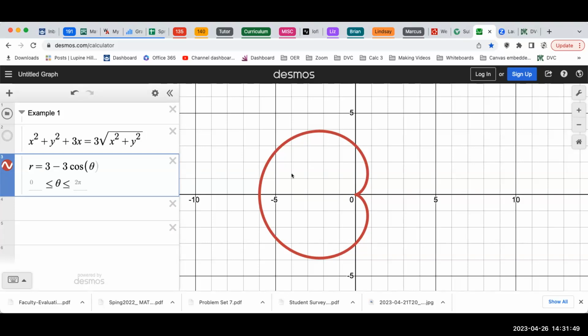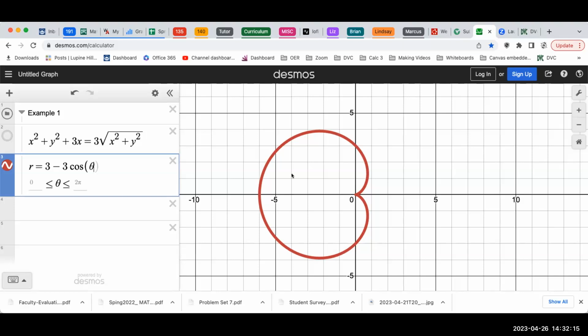But now these points, you're not thinking of them as x, y points, you're thinking of them as r, theta points. So when theta is pi, what will r equal? What's cosine of pi?